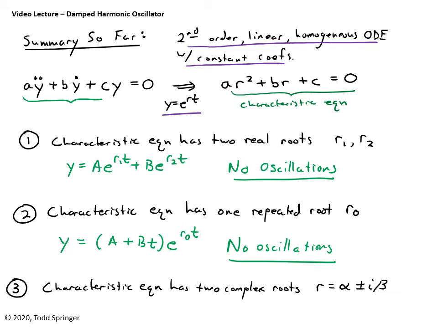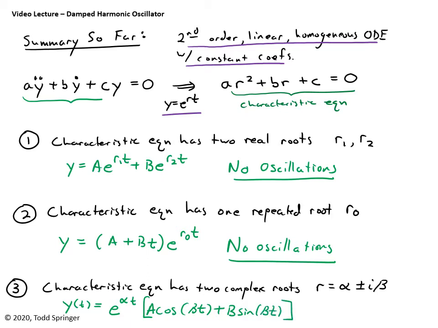Finally, we have the case, what if your characteristic equation has two complex roots, so a real part and an imaginary part? We saw that you can write a solution like this: e to the alpha times t, times a cosine of beta t plus b sine beta t.